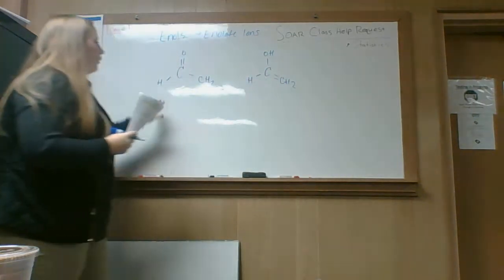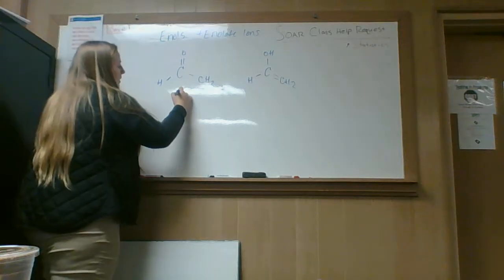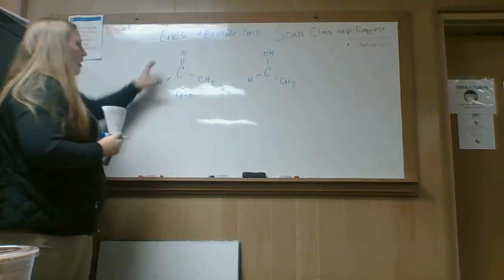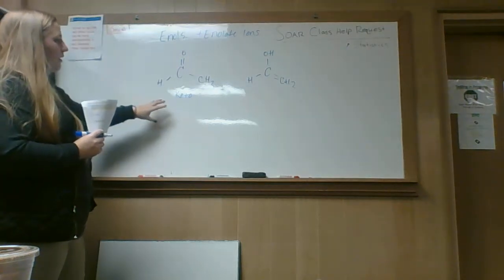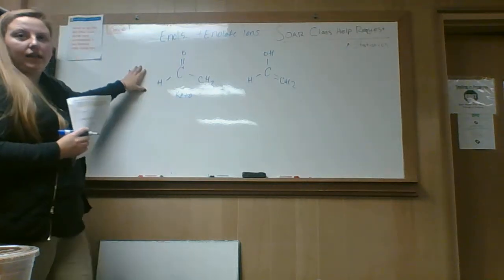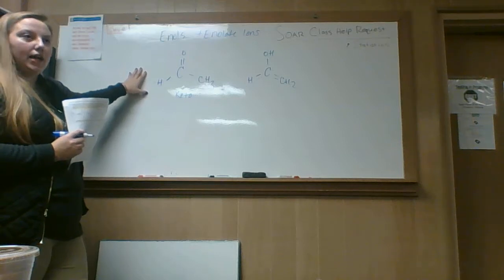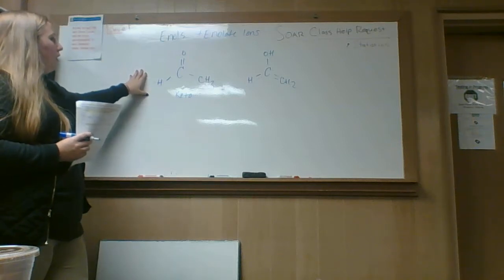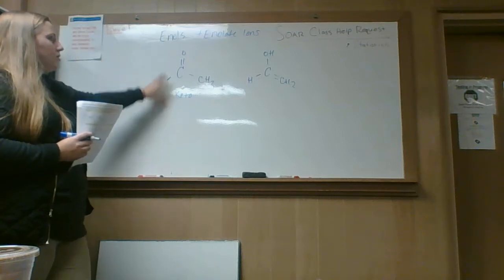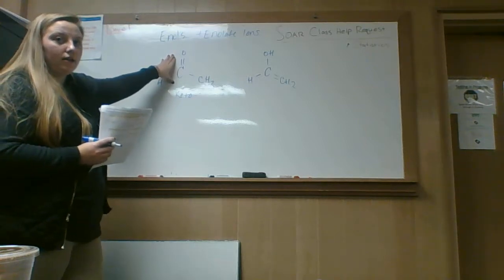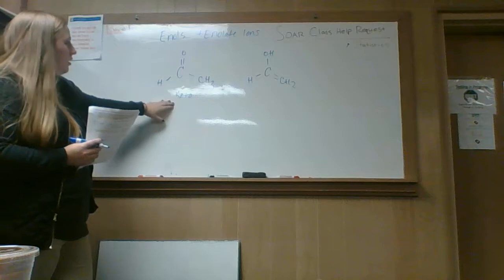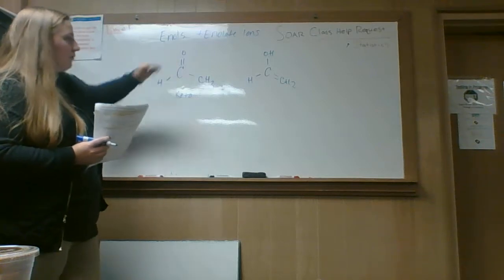Okay, this is considered the keto form, which makes sense because it's keeping that carbonyl group. Some students get confused because this isn't technically a ketone, right? It's an aldehyde because it's terminal. The keto just refers to the carbonyl group. It doesn't refer to an actual ketone necessarily. So keto, carbonyl group.